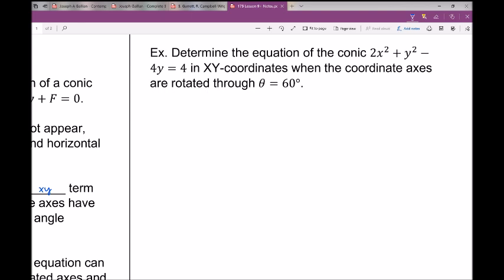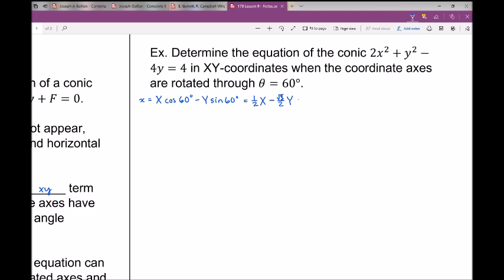Okay, so first of all, let's write out what little x and little y will be equal to. So little x is going to be big X times the cosine of 60 degrees minus big Y times the sine of 60 degrees. Okay, and if we wanted to simplify this, we know that the cosine of 60 degrees is 1/2, so we get 1/2 times big X minus square root of 3/2 times big Y, because the sine of 60 is square root of 3/2.